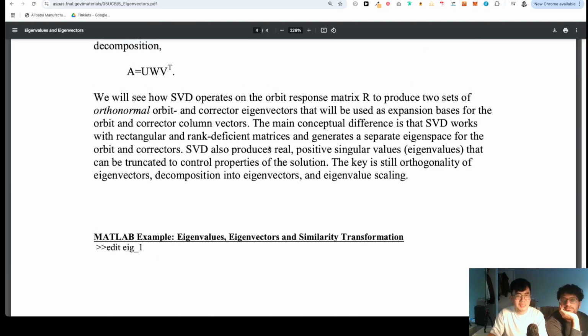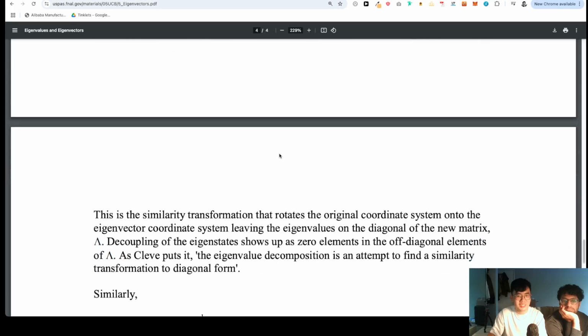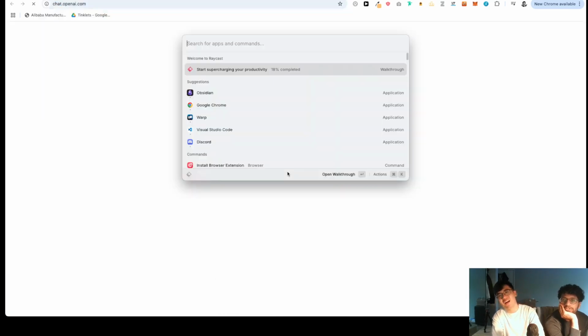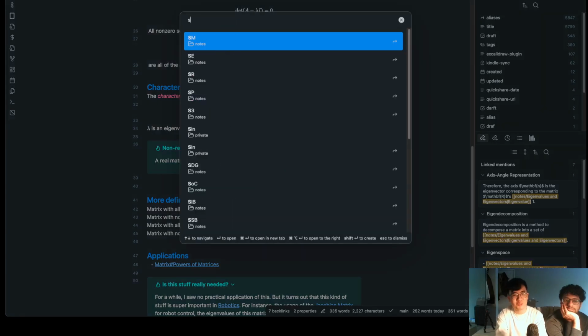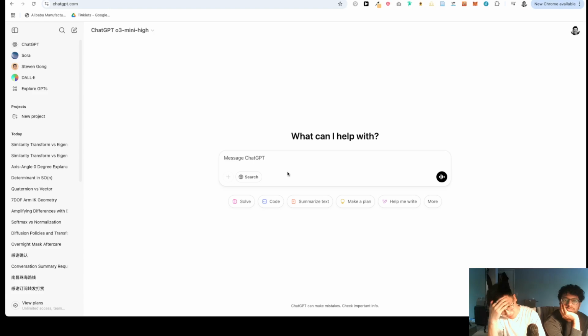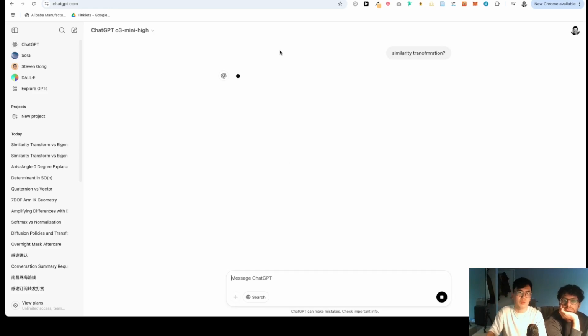Dude, what is the similarity transformation? I had it, but I don't have this formula. What's this formula about? I don't want mini high, bro.